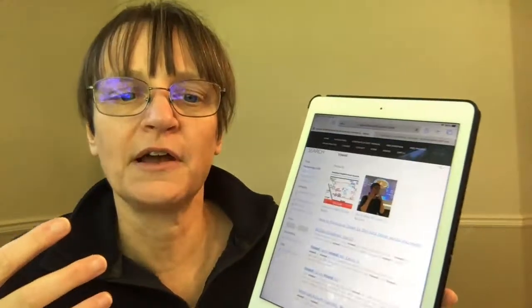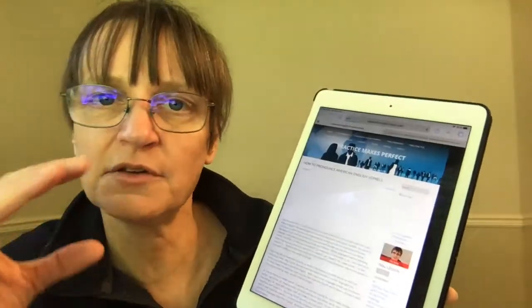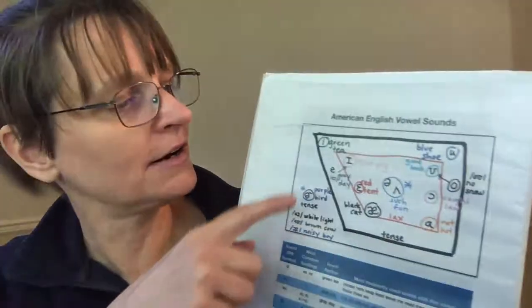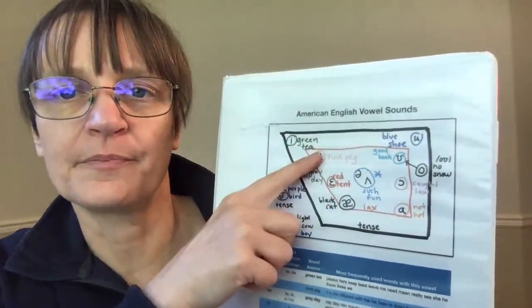And to get started with working on the vowels, I think it's very helpful to have a sense of the vowels overall. So for example, my lesson called How to Pronounce American English Vowels has some videos that tell you about each of the vowel sounds, how they sound relative to each other. That's not the one I wanted. And so we have 5 letters for vowels, but we have 15 different sounds. And so beginning to get oriented to what the sounds are, what the symbols are, and these anchor words.